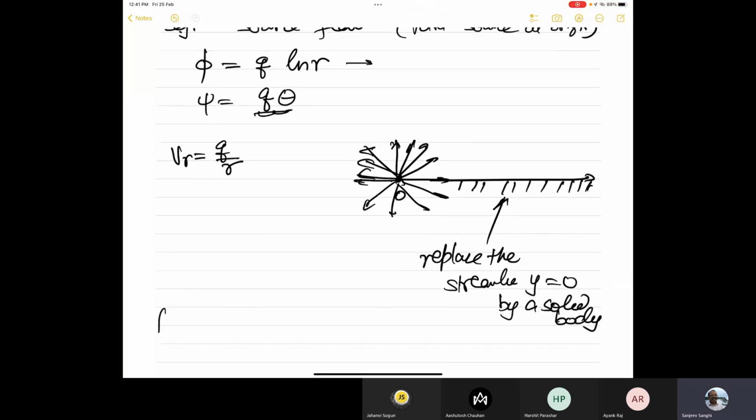Now for this flow, let us try to understand. If we replace it and we want to talk of the boundary layer on this flat plate, what is capital U of x for this flow? Can we try to find this?